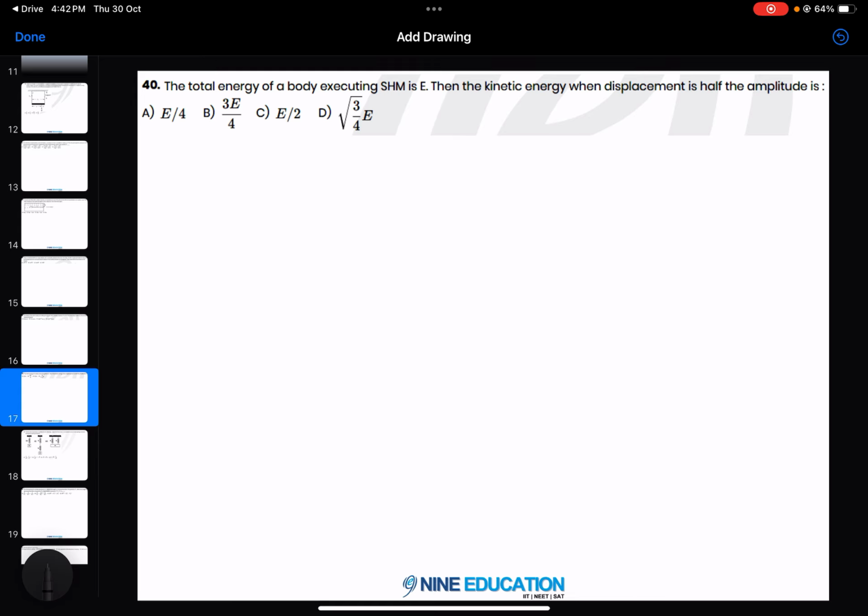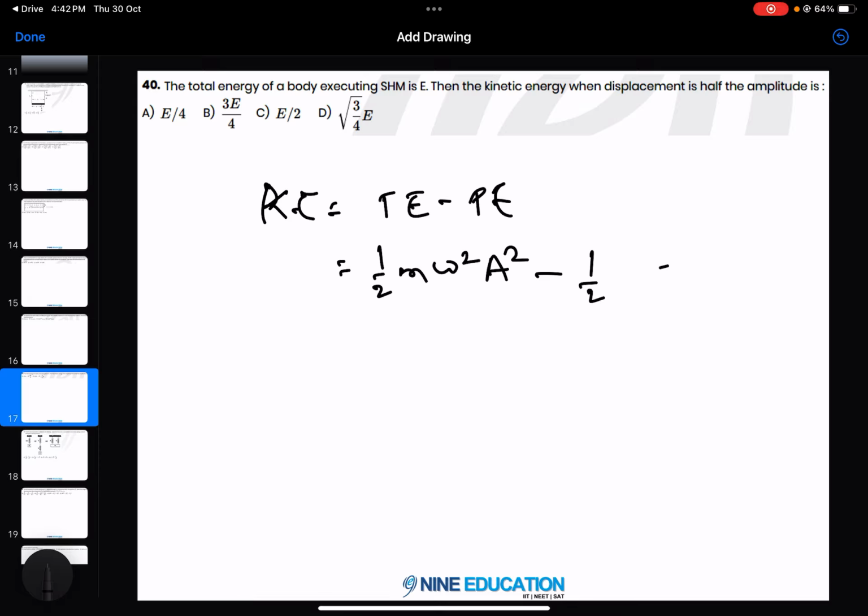A particle is executing SHM, we need kinetic energy when displacement is half the amplitude. Kinetic energy is total energy minus potential energy. Total energy is half m omega square a squared, minus potential energy, which is half k x squared.